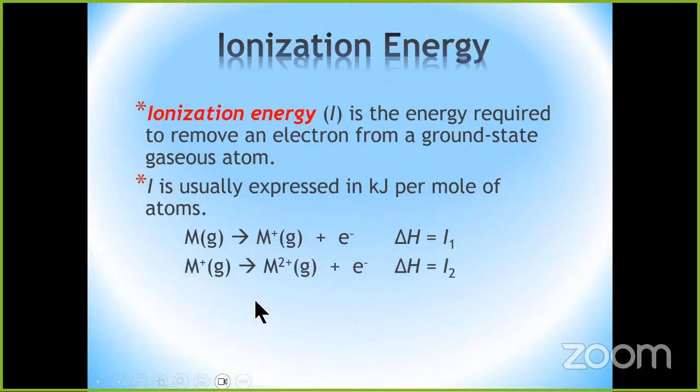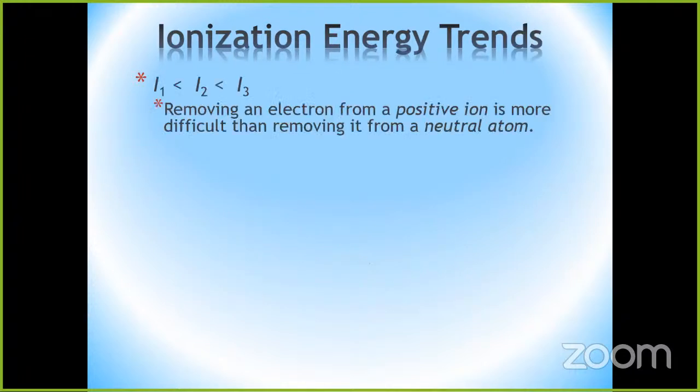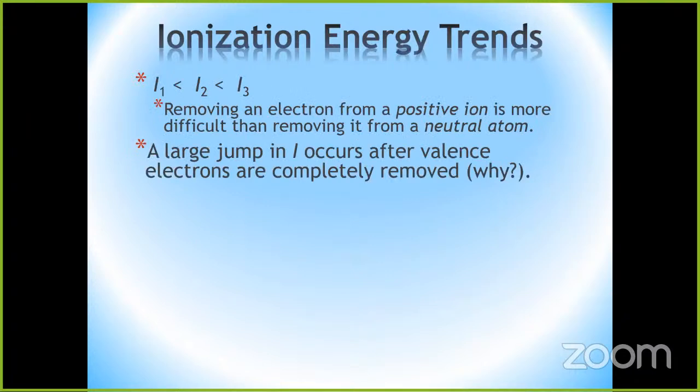And you can have more than one ionization energy because, of course, you can have atoms with more than one electron. A certain amount of energy is required to remove the first electron, and then another amount of energy is required to remove the second electron, and so on. And what you'll find, without exception, is that each time you remove an electron, more energy is required, right?